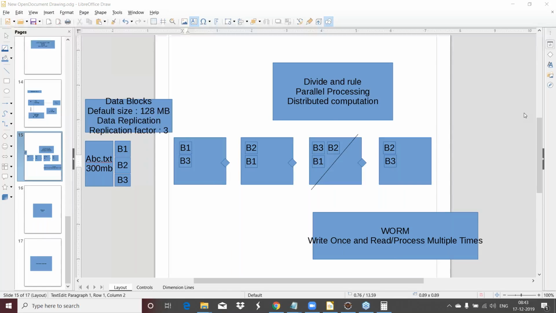And finally, it is overcoming the problem of data getting transferred over the network by simply not transferring the data, but by transferring the processing logic over the network and making sure that it is going to process your data in a parallel processing manner or a distributed computation manner at the end of the day. Right, guys?